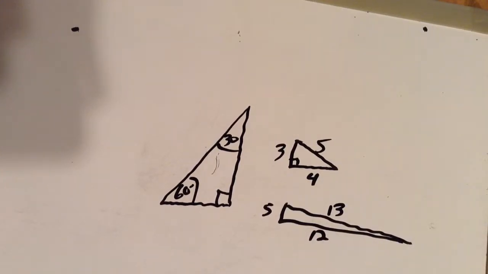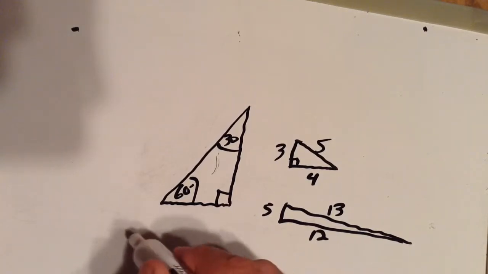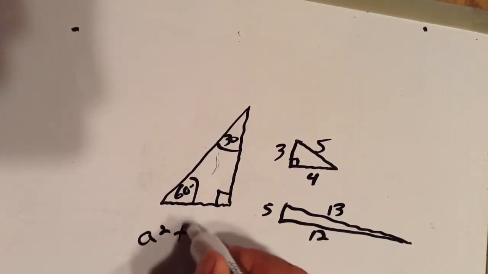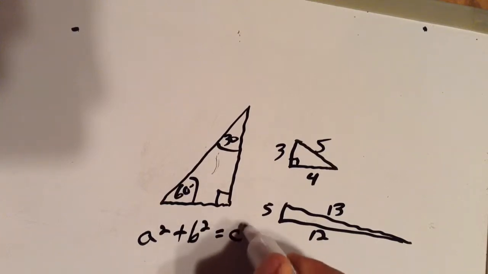We can use Pythagoras' theorem to figure out the lengths of the legs and hypotenuse of a right triangle. Pythagoras says a squared plus b squared equals c squared.